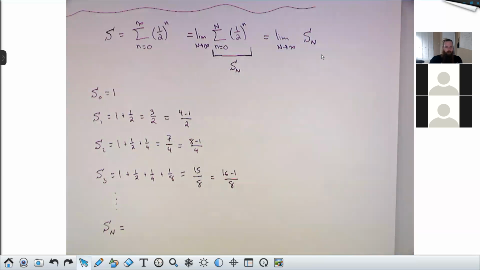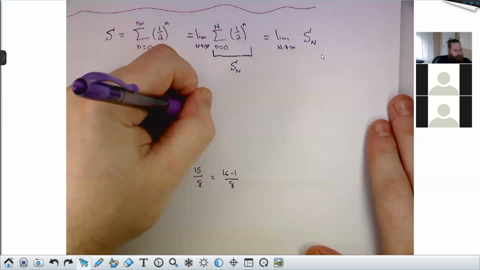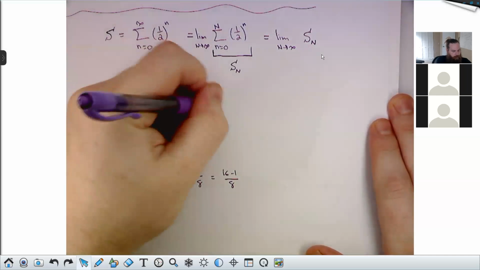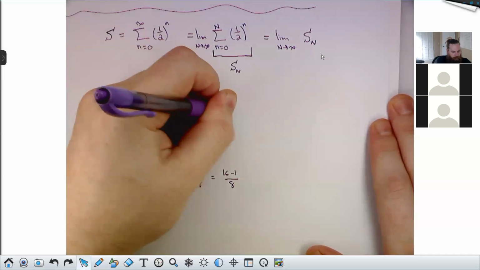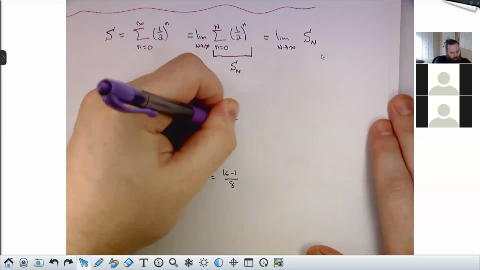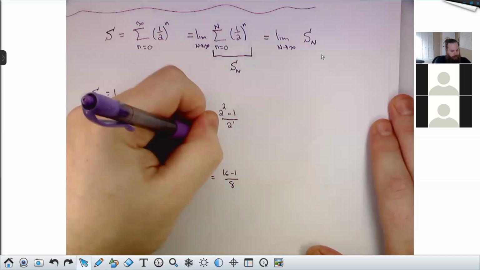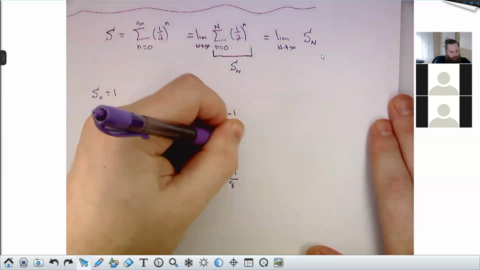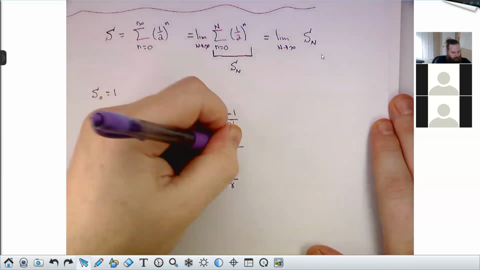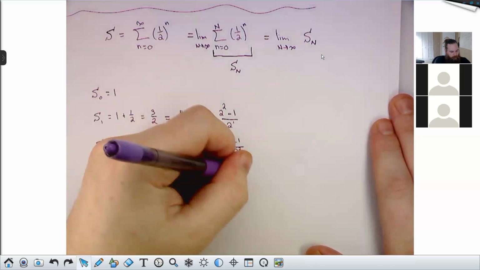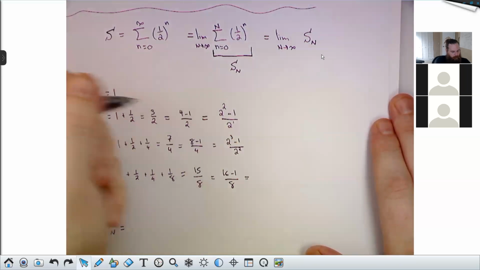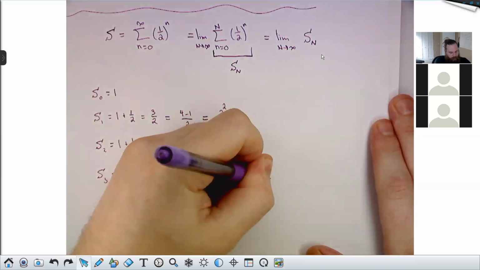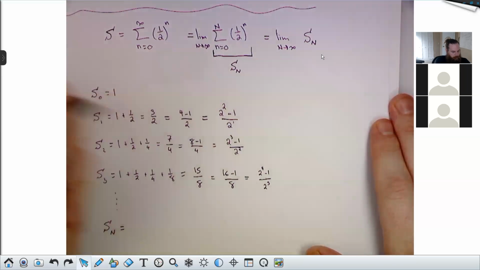Okay, so I want to come back here. 3/2 is 4 minus 1 over 2. That's 2 squared minus 1 over 2 to the 1. 8 minus 1 over 2 is 2 cubed minus 1 over 2 squared. 16 minus 1 is 2 to the 4 minus 1, and then 8 is 2 cubed.